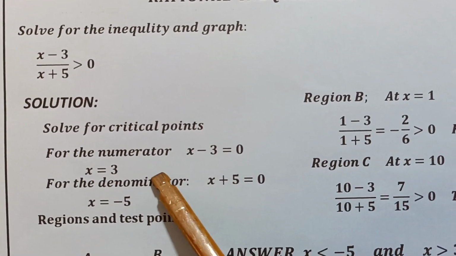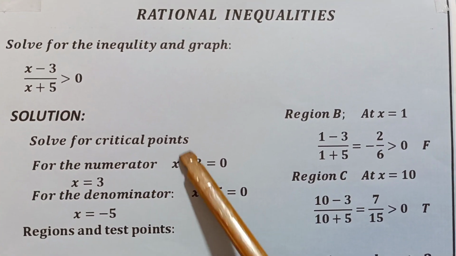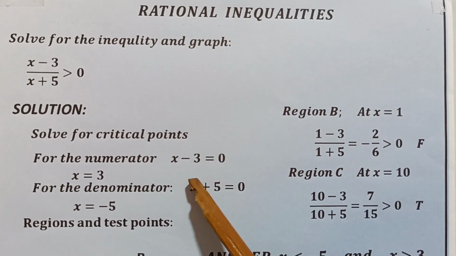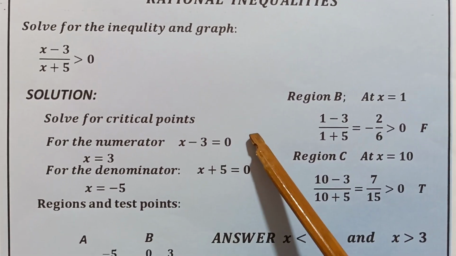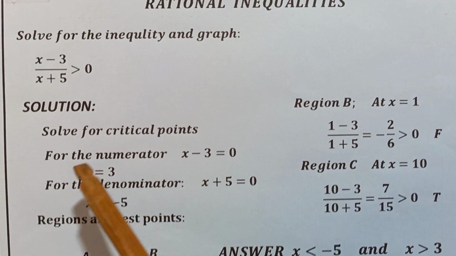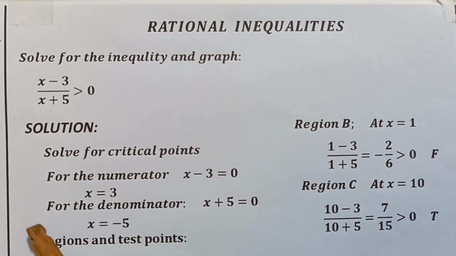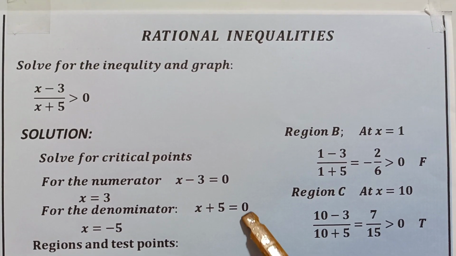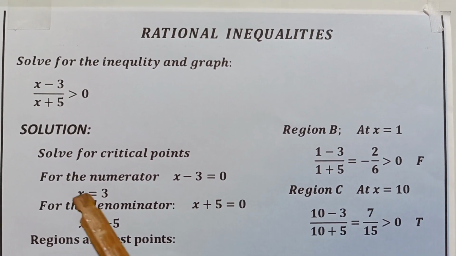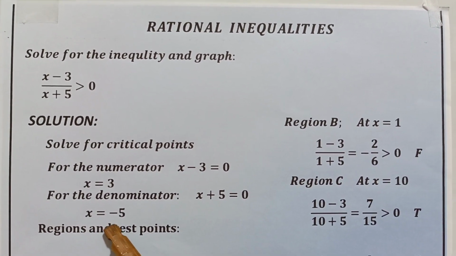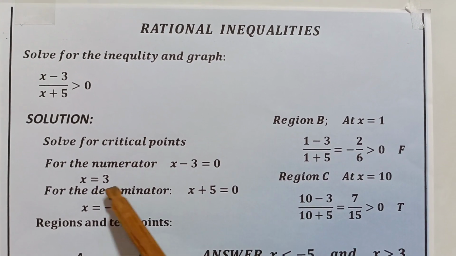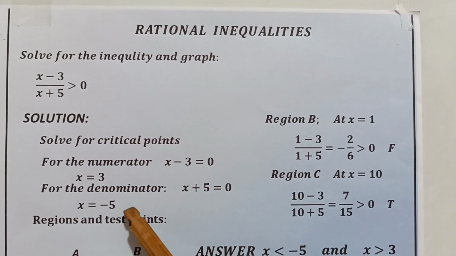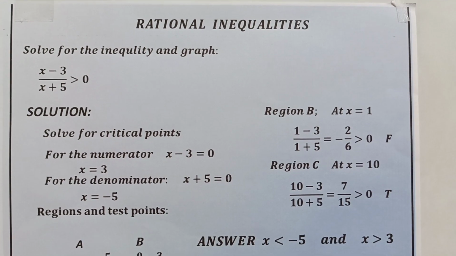For the numerator, we equate x minus 3 to 0, and we get x equal to 3. For the denominator, we equate x plus 5 to 0, and we get x equal to negative 5. So our critical points are 3 and negative 5, and we label them.